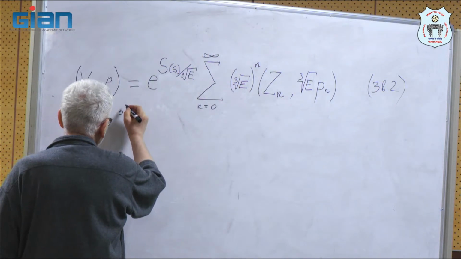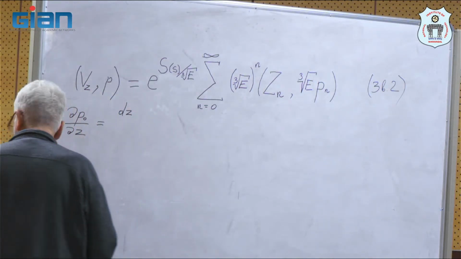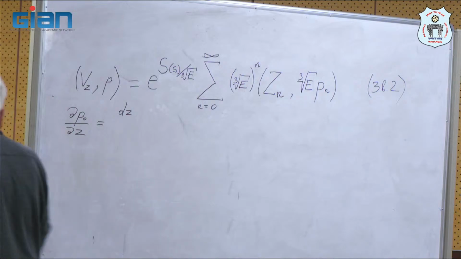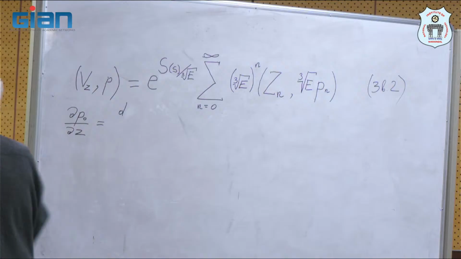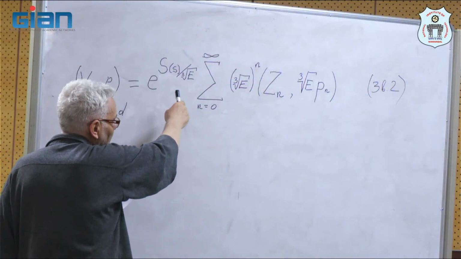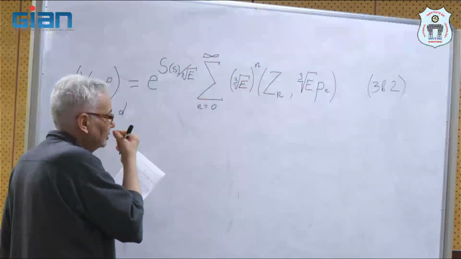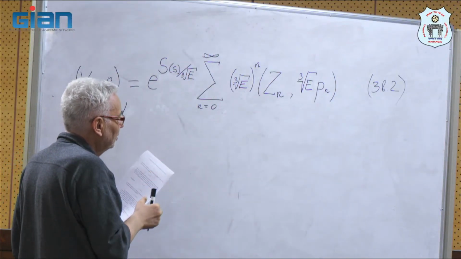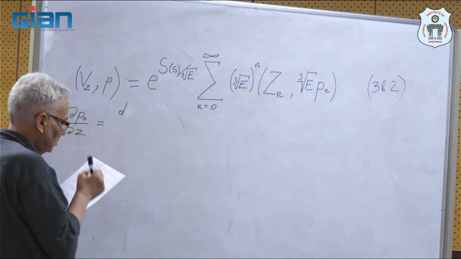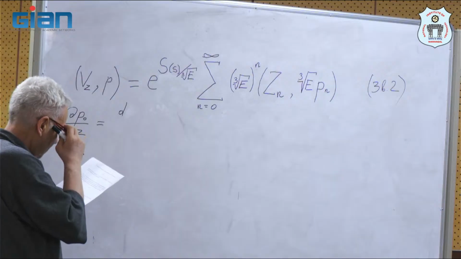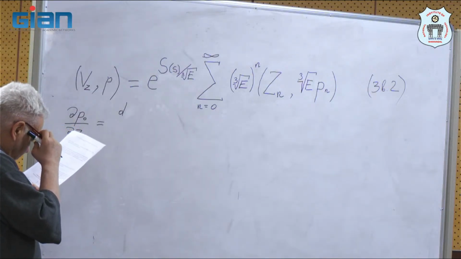It's necessary at this point to stress that this depends directly on cylindrical radius, while these two could depend not only on cylindrical radius, but also on z, in the direction of the axis of rotation. So here we have this.